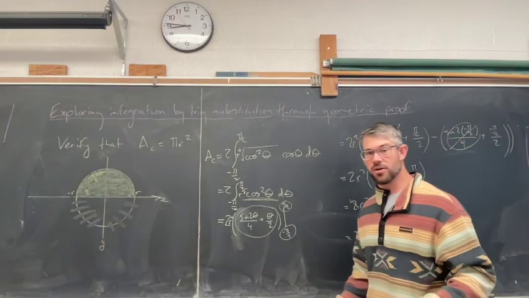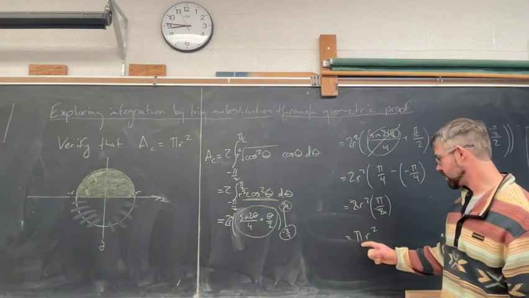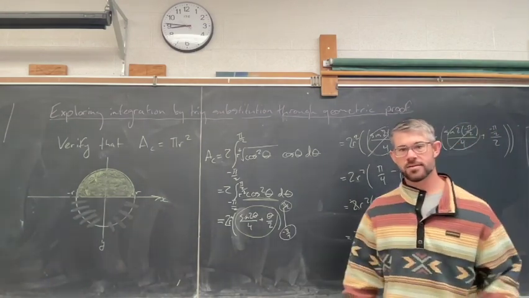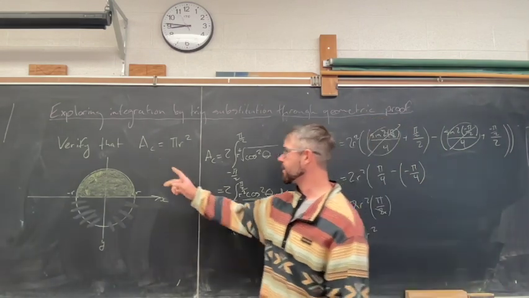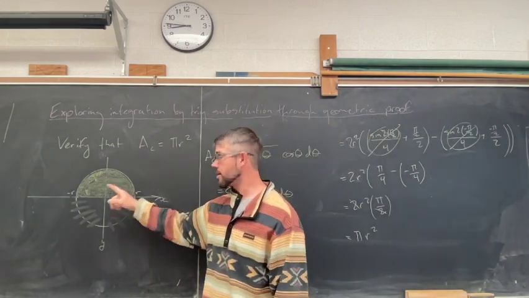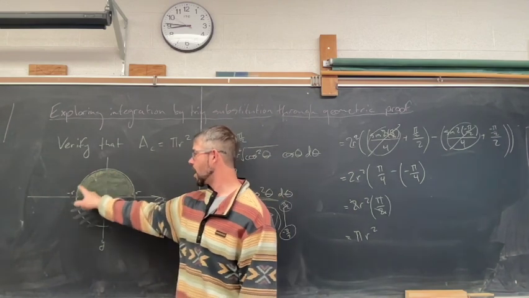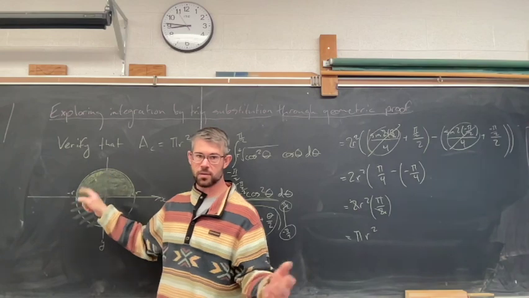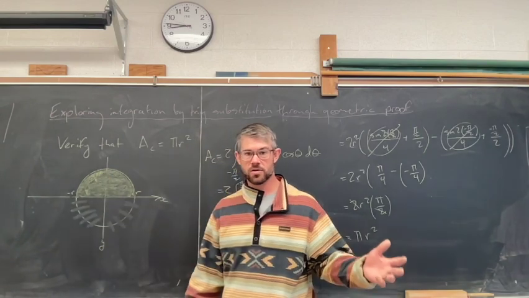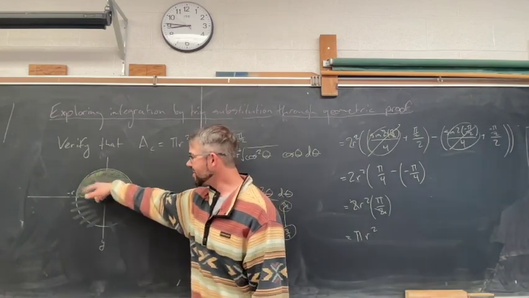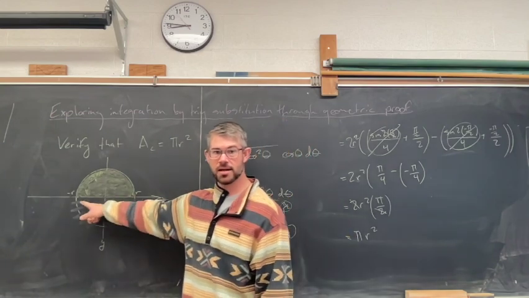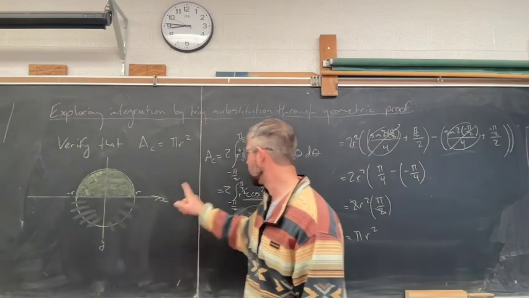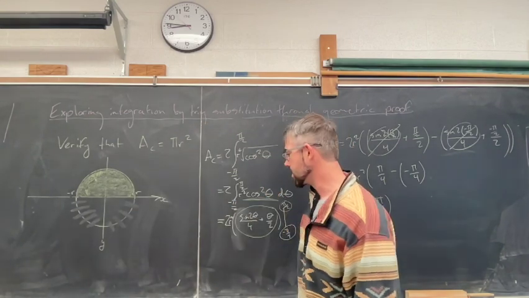So that last video cut out right as we got to the point of canceling out our 2's and getting to pi r squared. And so there we've done it. We've gone ahead and verified the area of a circle is equal to pi r squared by expressing the upper border of the circle as a function of x, being y equals the root of r squared minus x squared, and then integrating underneath from the outer edge, negative the radius, to the inner edge, positive the radius, and doubling that whole product so that way we would get the entire circle.